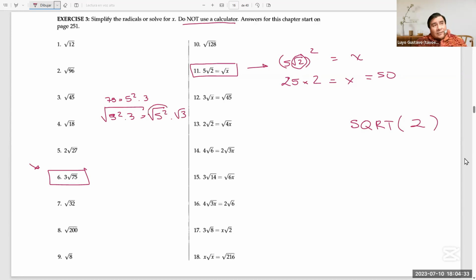This one, you know, is 5 up to 2 over 2, that is 5 up to 1, simply 5. Now multiply this, which is the value of the square root of 75, times the 3 outside, and you get 15 times the square root of 3. Okay, that would be the reduction.